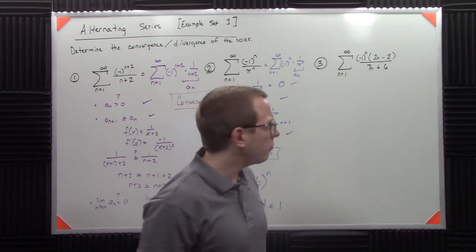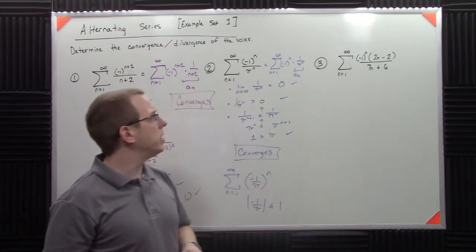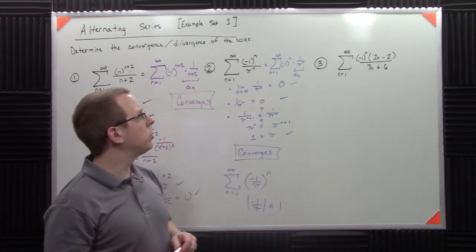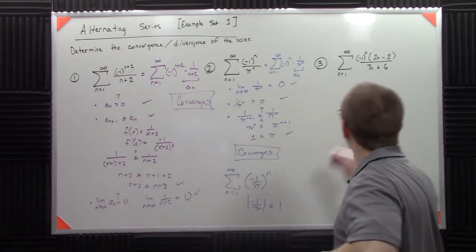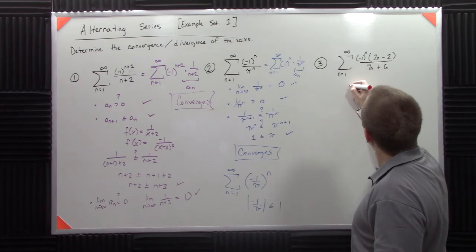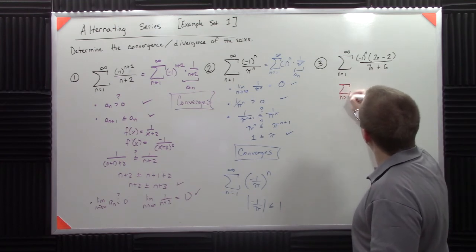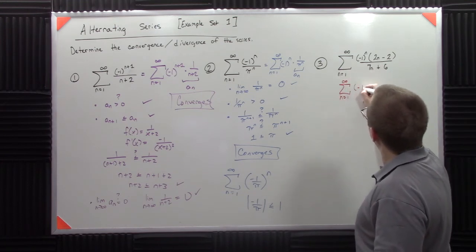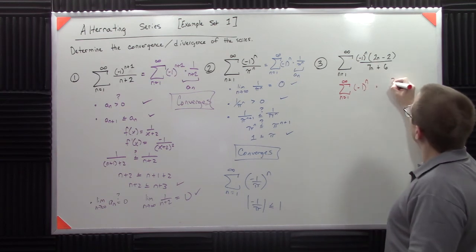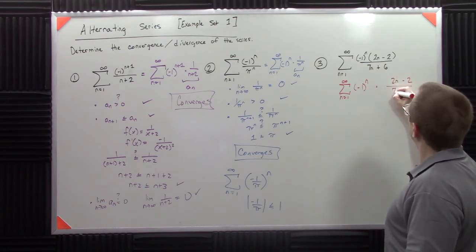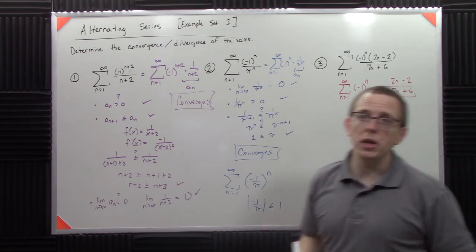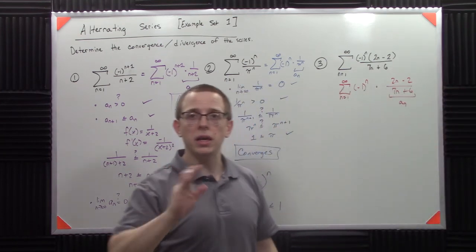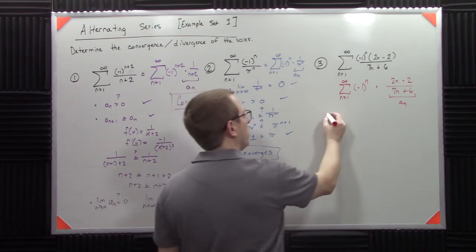Anyway, moving along, we have negative 1 to the n times 2n plus 2 over 7n plus 6. So I'm going to write this as negative 1 to the n, times (2n minus 2) over (7n plus 6). So that's my a sub n. What I need to do now is, first, the nth term test for divergence.